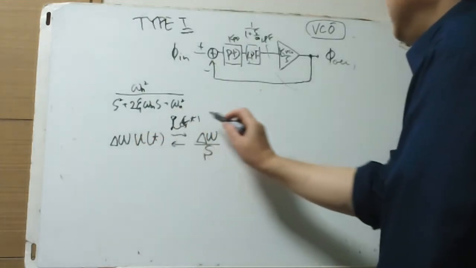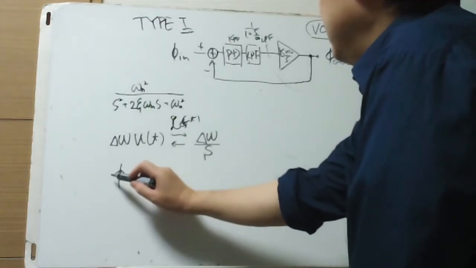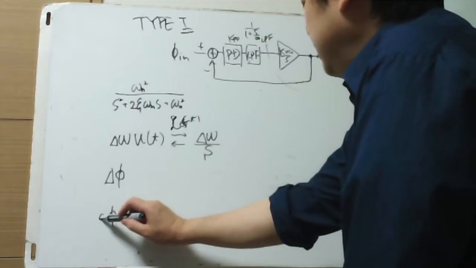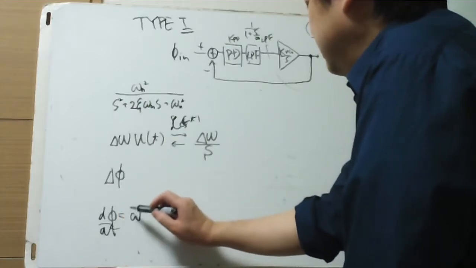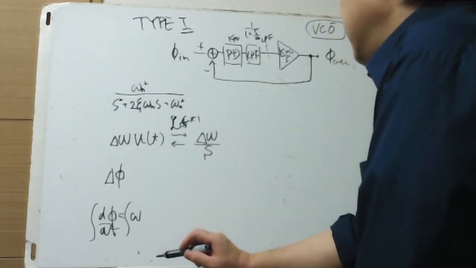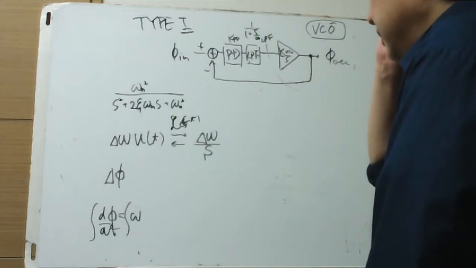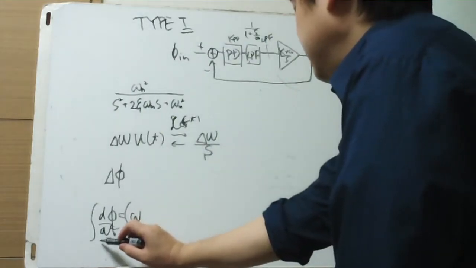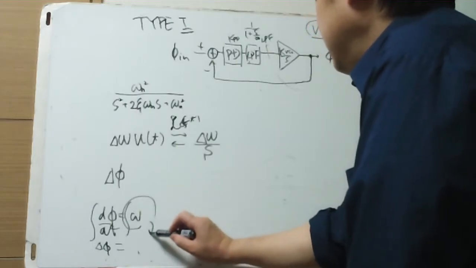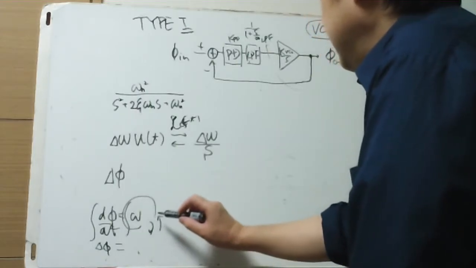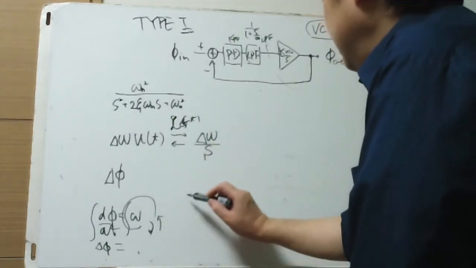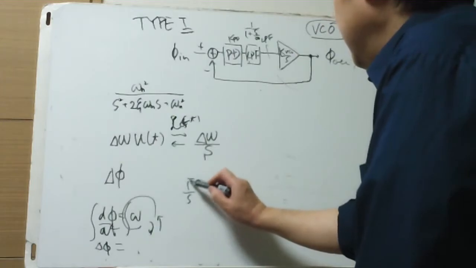This is omega, and for phi we have phi because d phi/dt equals omega, so it can be integrated, and delta phi equals the integral; the Laplace transformation is 1 over s of F(s).